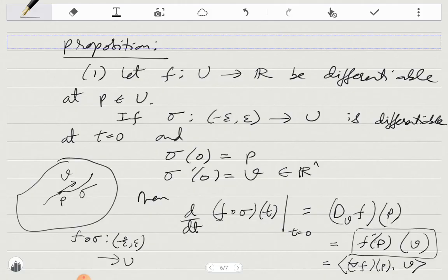If I want to know what this linear transformation does to this vector, all I have to do is find a suitable curve sigma with these two properties, and then compute the usual derivative.